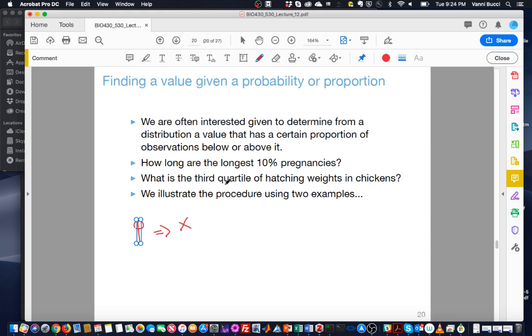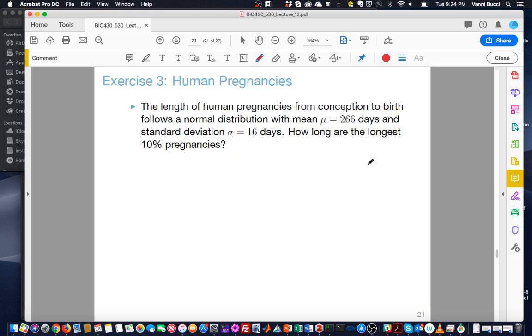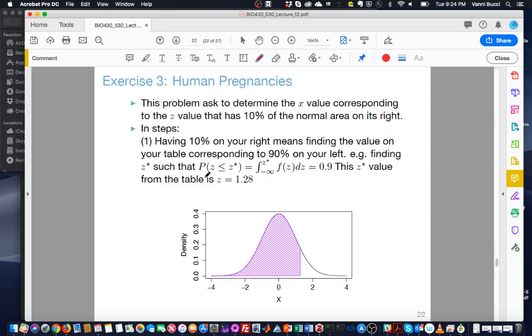What is the third quartile of hatching weights for chickens at birth? So let's go back to the first question. The length of the human pregnancy, we said, is normally distributed with mean equal to 266 days and standard deviation of 16 days. How long are the longest 10% of pregnancies?